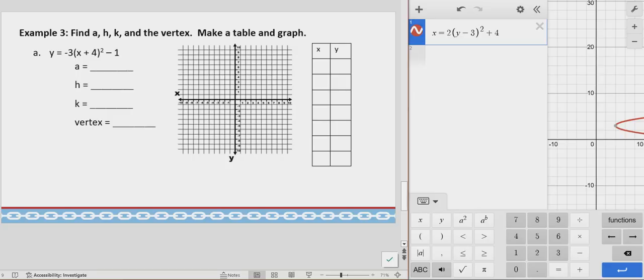So when we are doing some graphing with these, same things apply. We have a y equals equation. So my h value is inside the parentheses with x. So I am going to have a vertex at -4, -1.